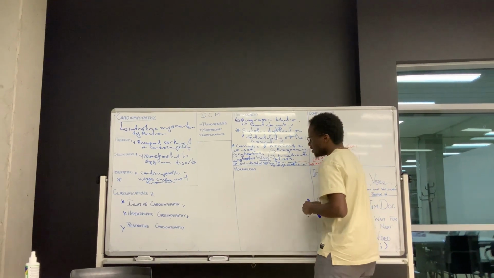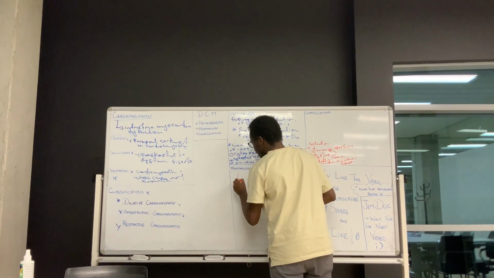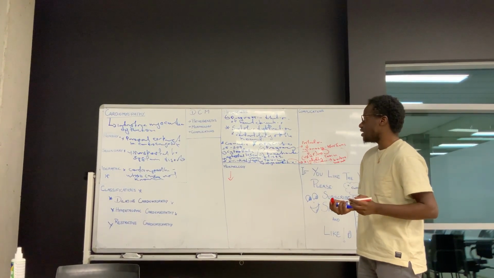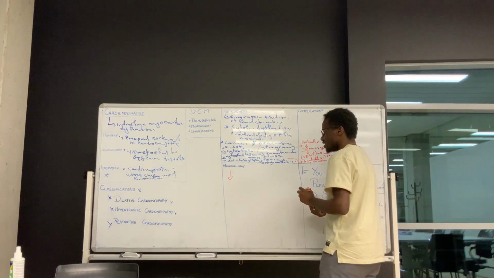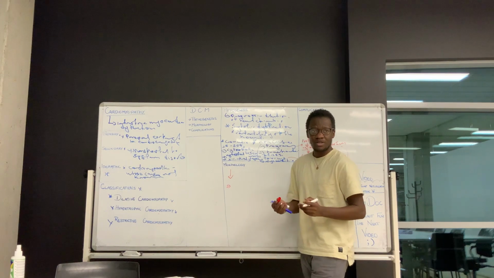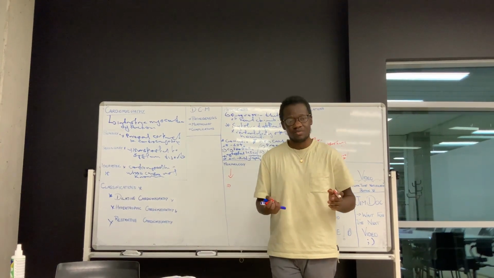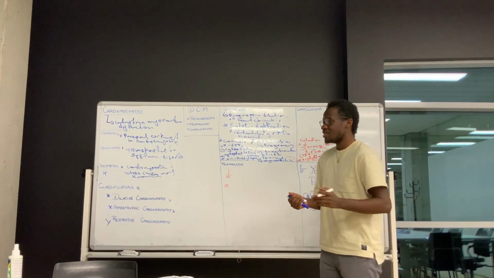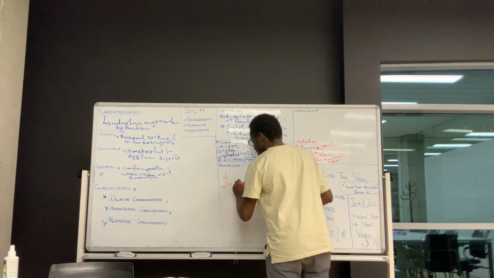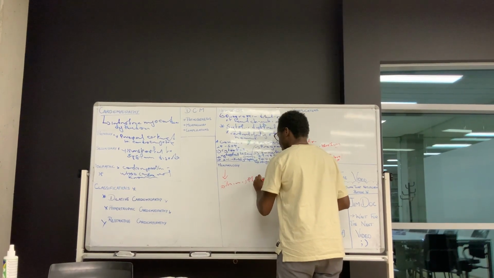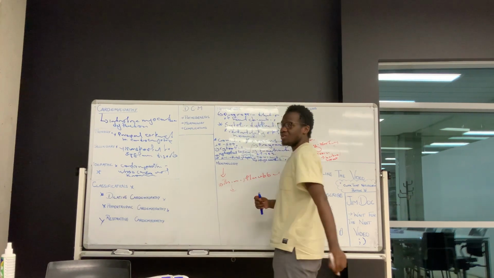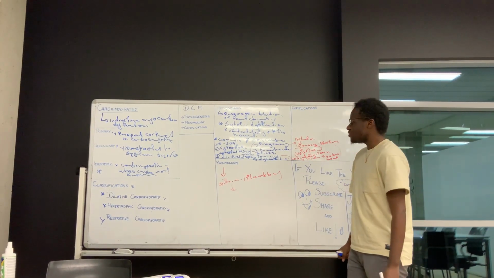Now, let's focus our attention on the morphology of DCM. With DCM, first of all, we have a problem with the contractile heart. We have a problem with the structure of the heart muscles. First of all, they are thin and flabby. Because of this, there is always a high tendency of rupture.